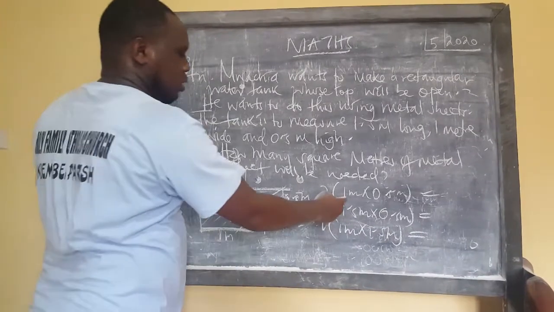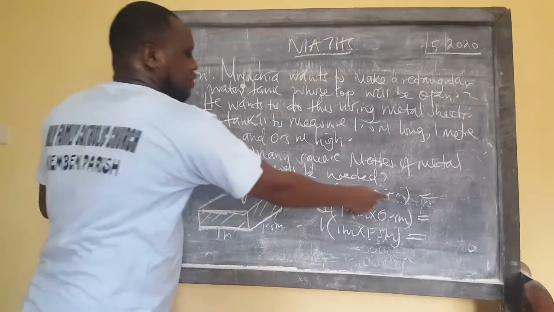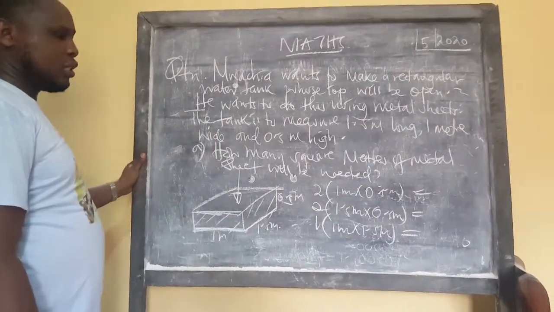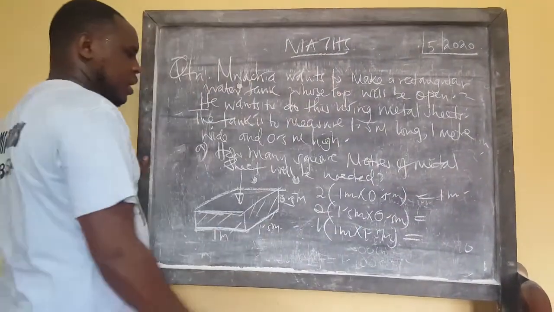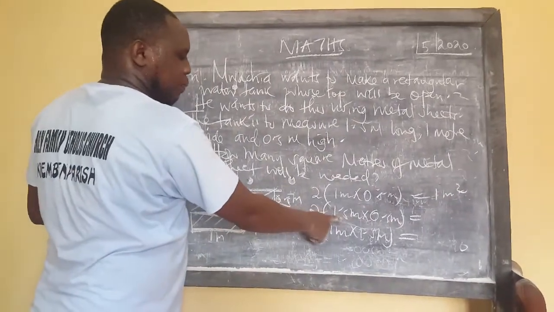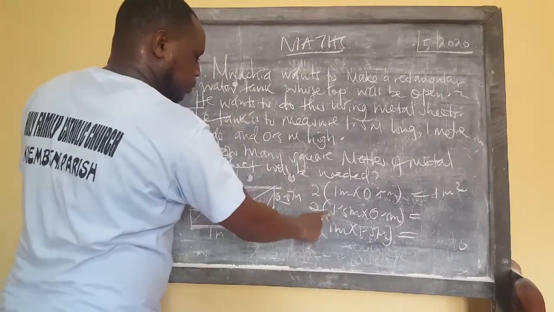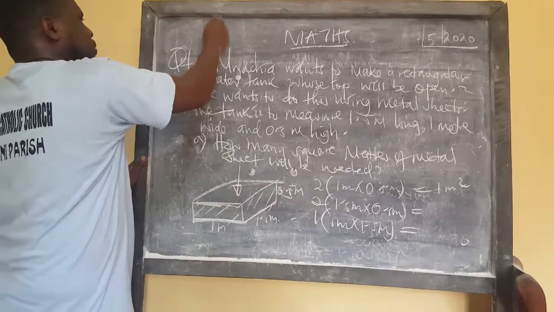This is 2 times 1 times 0.5. 0.5 times 2 is 10. So 1 decimal place, you get 1. So this is going to be 1 meter squared. This is going to be 2 times 1.5 times 0.5. Here you're going to get 30, 30 times 5 is 150.